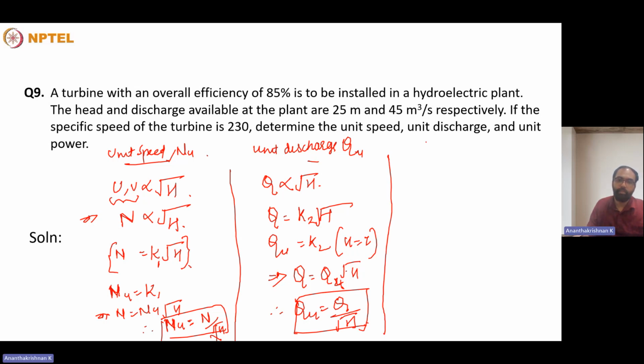Now to calculate the unit power, Pu. This analysis is very similar to that of the unit speed and unit discharge.